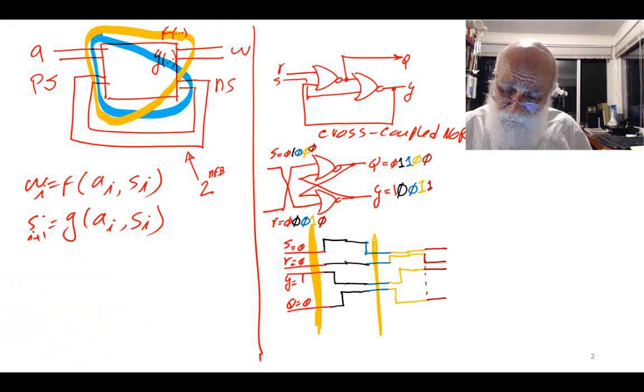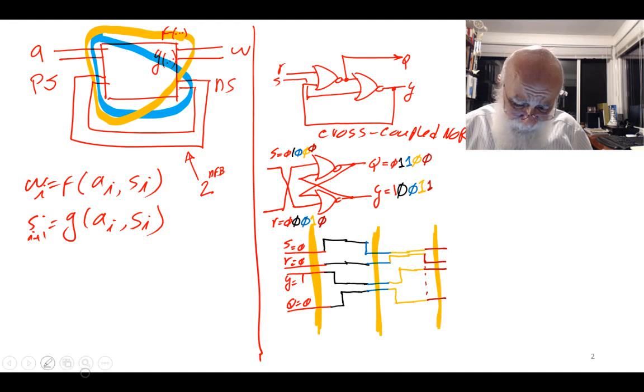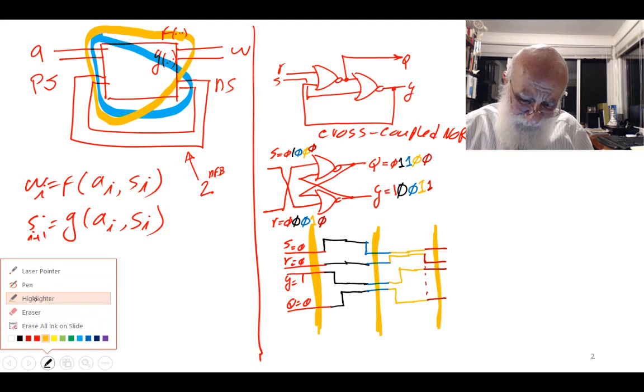Here I have a situation where my S is 0, my R is 0, but what is my Q? My Q is a 1. And then I'm looking at this situation again, and I find the same exact thing as the original case.